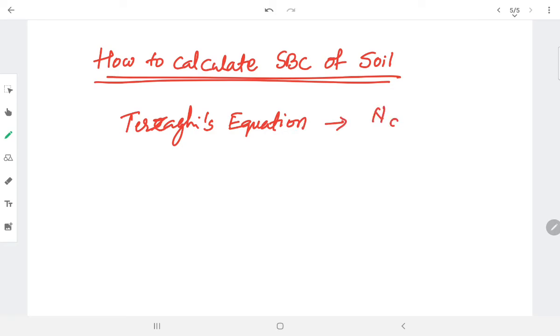There we will be calculating Nc, Nq and N gamma from the chart, and based on that we will calculate the SBC of soil.